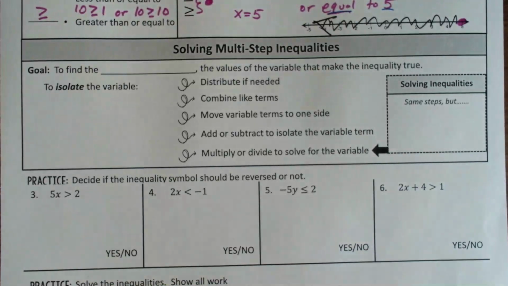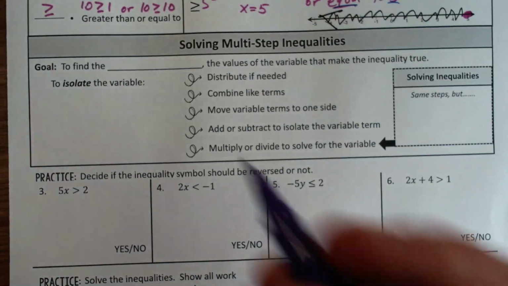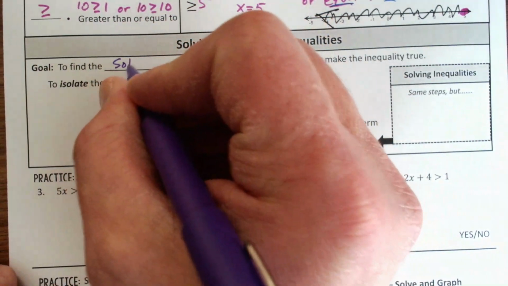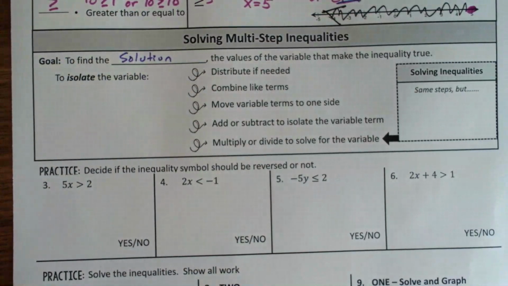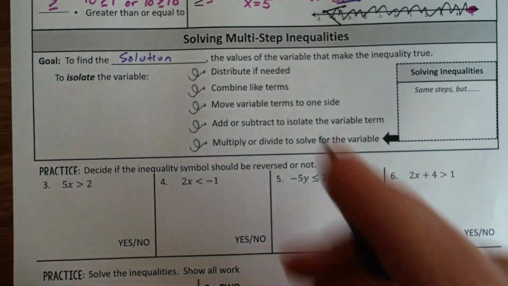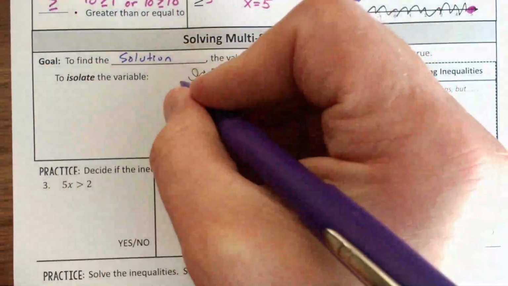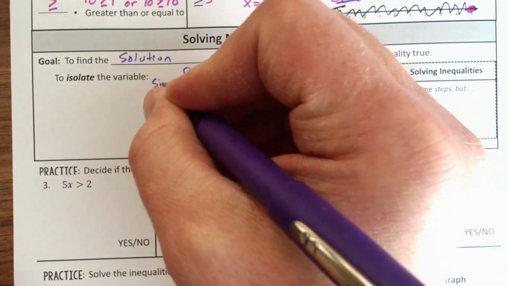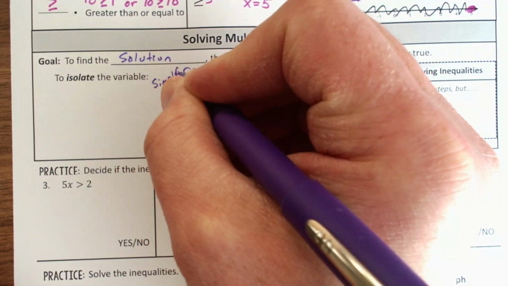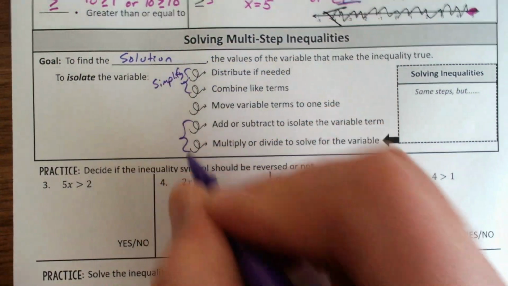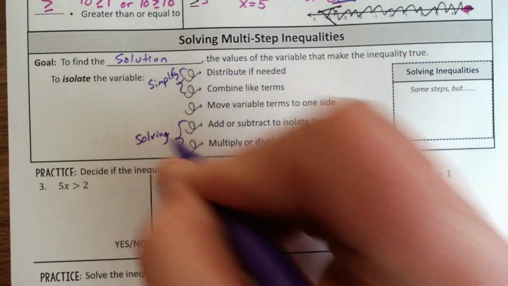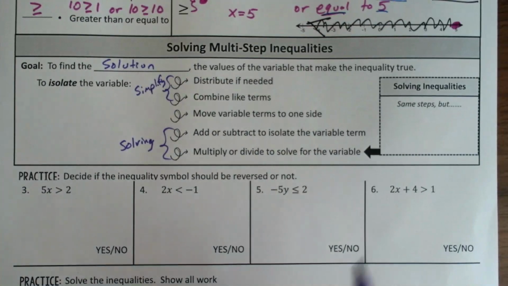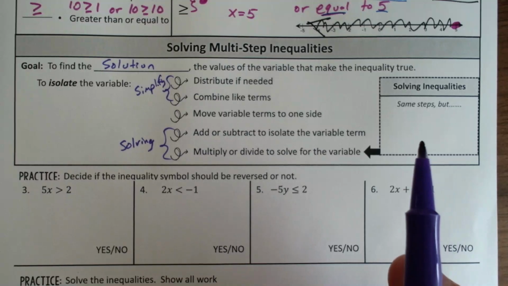So when you solve multi-step inequalities, the goal is to find the solution to the values of the variables that make the inequality true. Remember, distributing and combining like terms, this is simplifying. And here, adding and subtracting and multiplying and dividing, this is solving. Now, inequalities have this one weird hiccup.